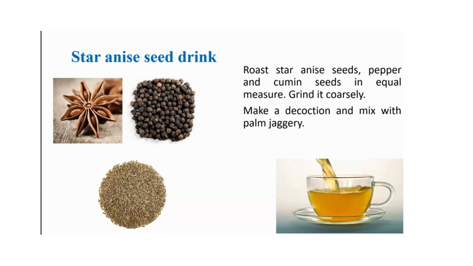Grind it coarsely. Mix 1 teaspoon of this powder with 500 ml of water. Reduce it to 125 ml, that is one quarter, and mix it with palm jaggery. Drink twice a day for better results.